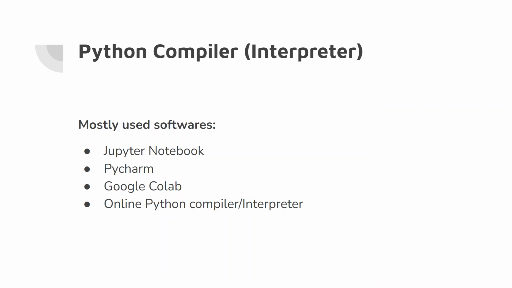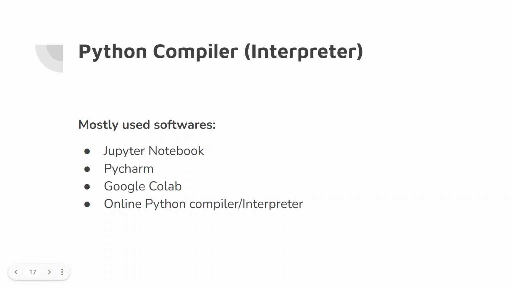There are so many software where you can write programs in Python. We can call it a compiler or interpreter. Most people say compiler, but it's an interpreter, though compiler is a general term. When you search for Python compiler, you will find many similar software. Jupyter Notebook is very popular, mostly for beginners. PyCharm, you can use it.